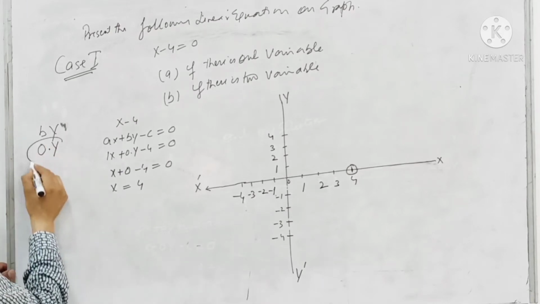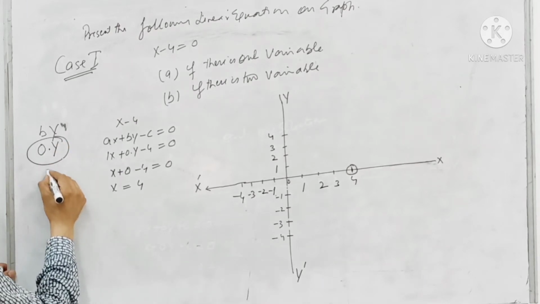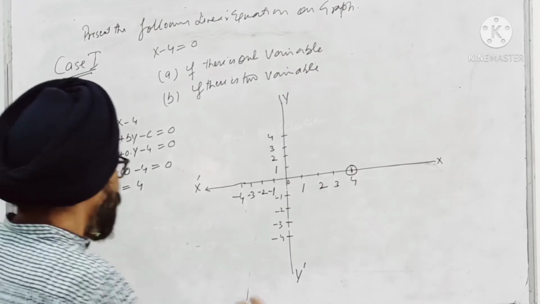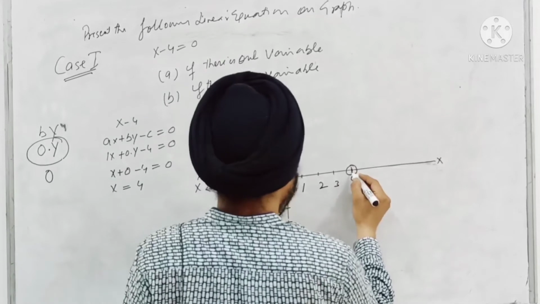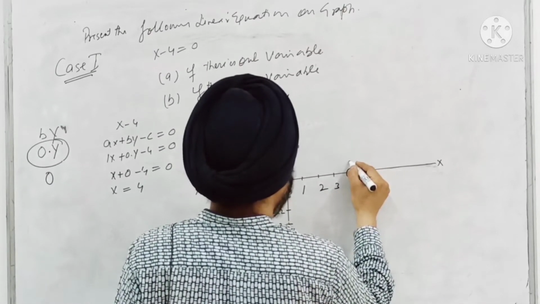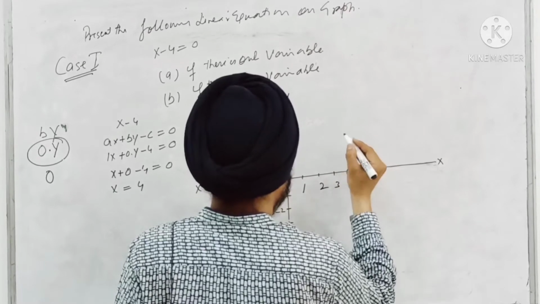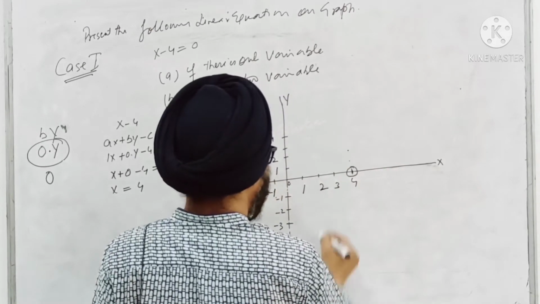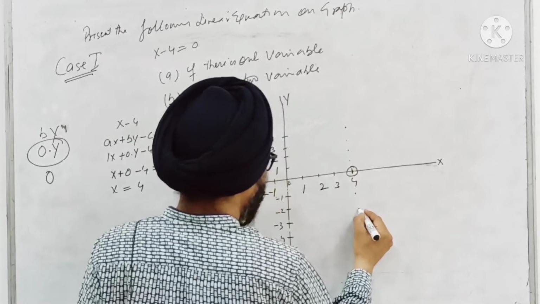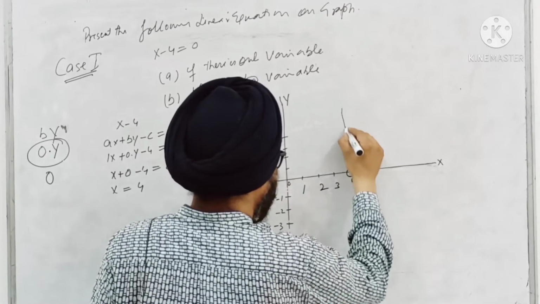But the solution of this is 0. So maybe when x is 4, the value of y is 1, the value of y is 2, 3, 4, maybe negative 1, maybe negative 2, maybe negative 3.